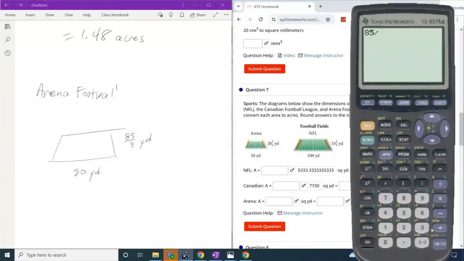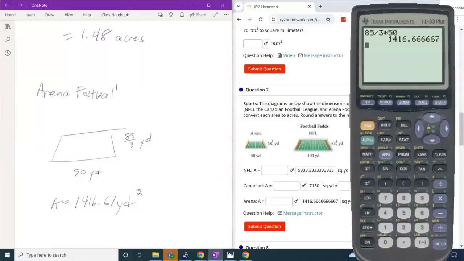So I'm going to multiply those two things together. 85 divided by 3 times 50 gives us 1,416 square yards, or 1,416.67 square yards.